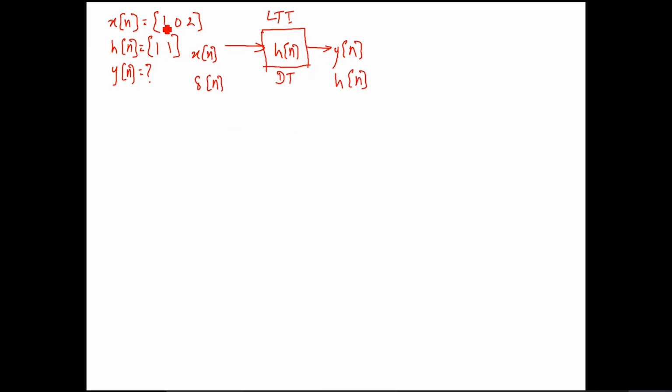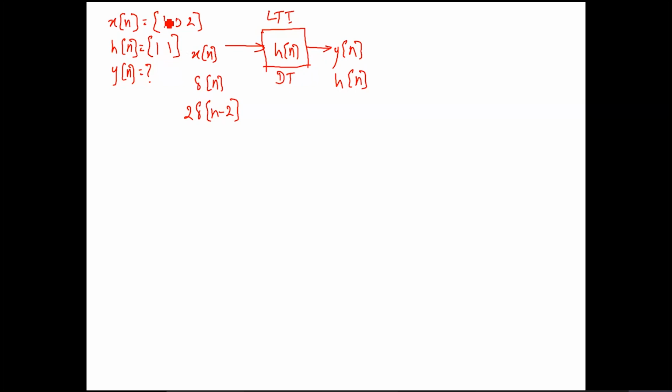And x of n is having delta n and it is having a 0, and then it is having a delta n minus 2 scaled by 2. This is delta n. This is delta n minus 1 scaled by 0, which I have not mentioned here. This is delta n minus 2 scaled by a factor of 2, or multiplied by 2.